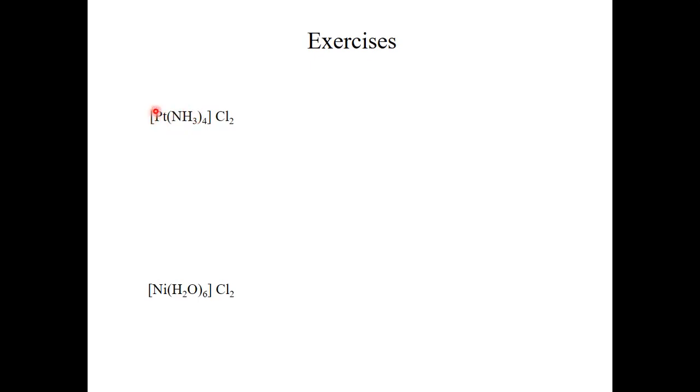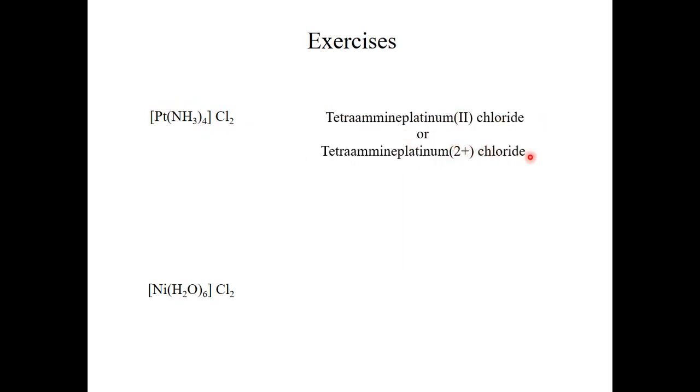And then the oxidation state is +2, because again, the amine ligands are neutral. Our complex cation must have a 2+ charge because we have 2 chloride anions. So the name is tetraamine platinum(II) chloride, or tetraamine platinum(2+) chloride.